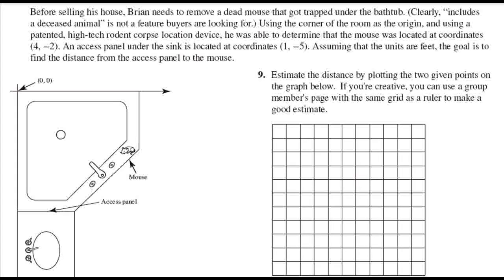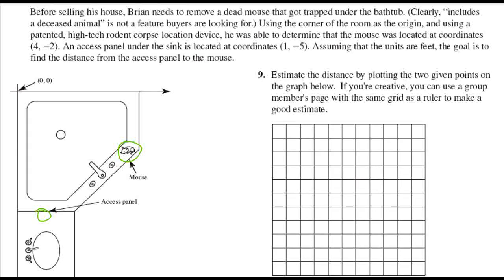Okay. So if we look at x is 4, y is -2, they're kind of showing that here. The access panel is at 1 and -5. Okay.